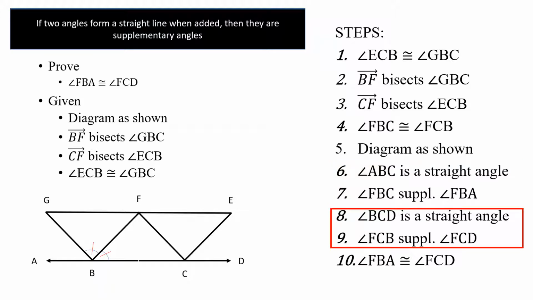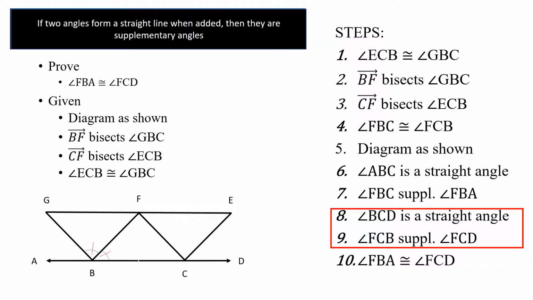Same basic reasoning when we look at step 8 and step 9. Step 8, what's the rationale for assuming that angle BCD is a straight angle? Because that's how it appears to be in the diagram. Now, why do we assume that FCB is a supplementary angle to angle FCD?